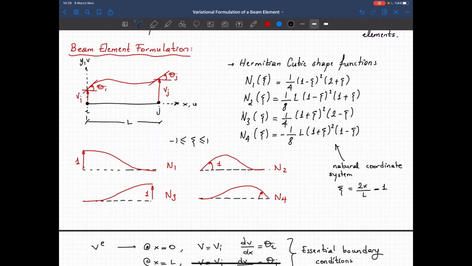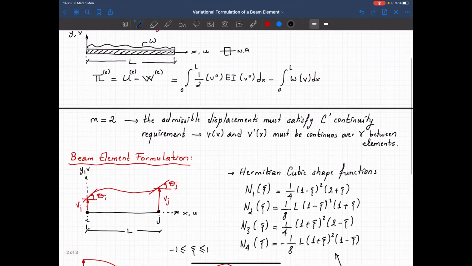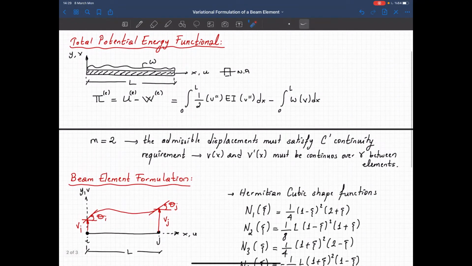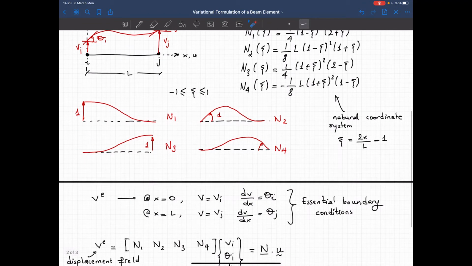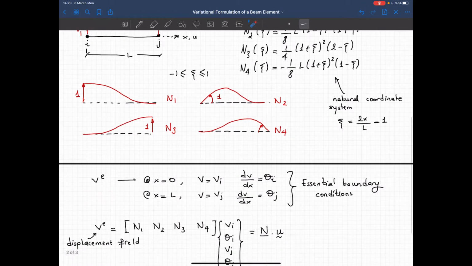Now I need to determine the strain displacement relationship. Of course, if you take a look at that potential energy functional, I have to relate the curvatures with the given displacement field.